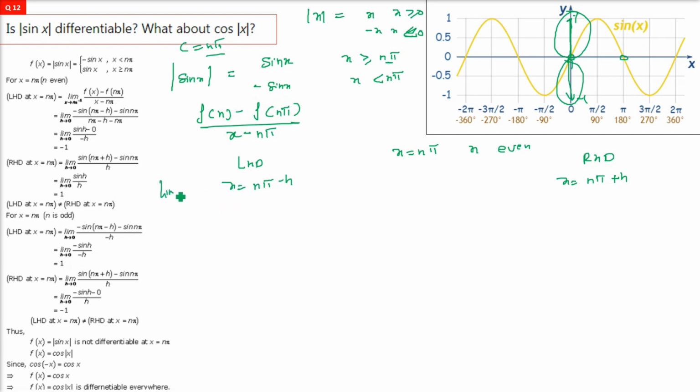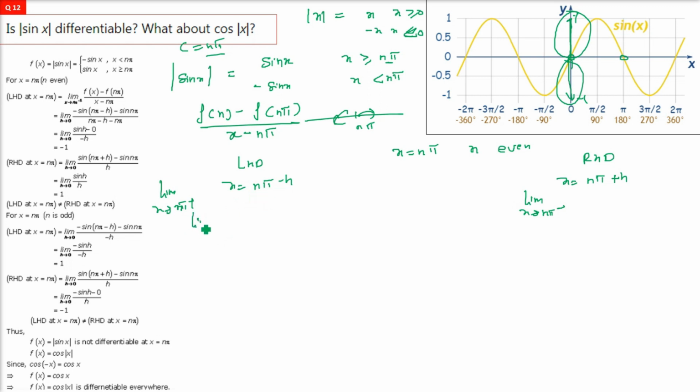So limit x tends to n pi minus on the left hand part, and x tends to n pi plus on the right. I've written it differently. Just correct this mistake: n pi minus and n pi plus it is. I swapped it actually.